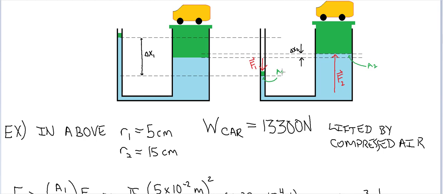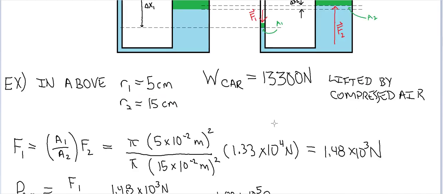They have differing areas, A1 and A2. But what we can say is that since our P1 has to equal P2, and P1 is just F1 over A1, we could say that F1 just has to equal A1 over A2 times F2, right?